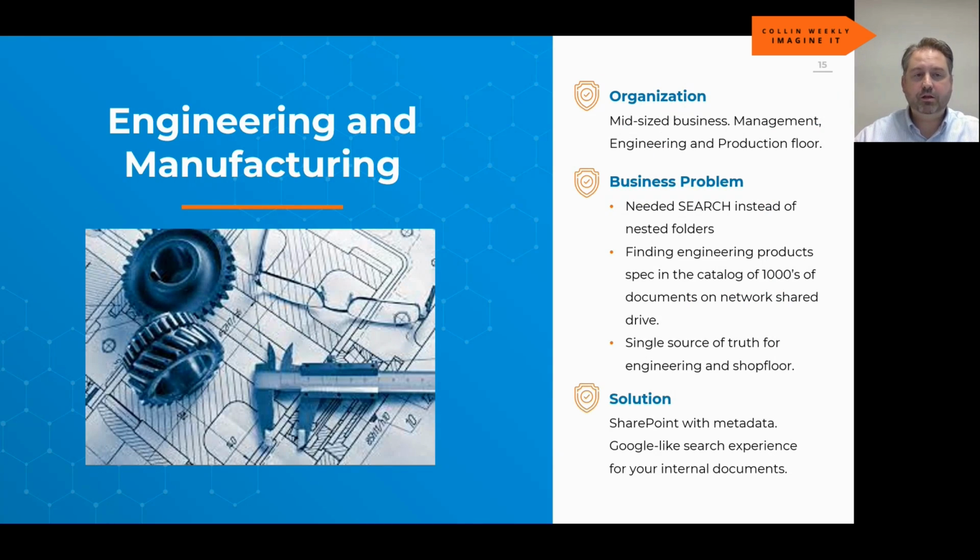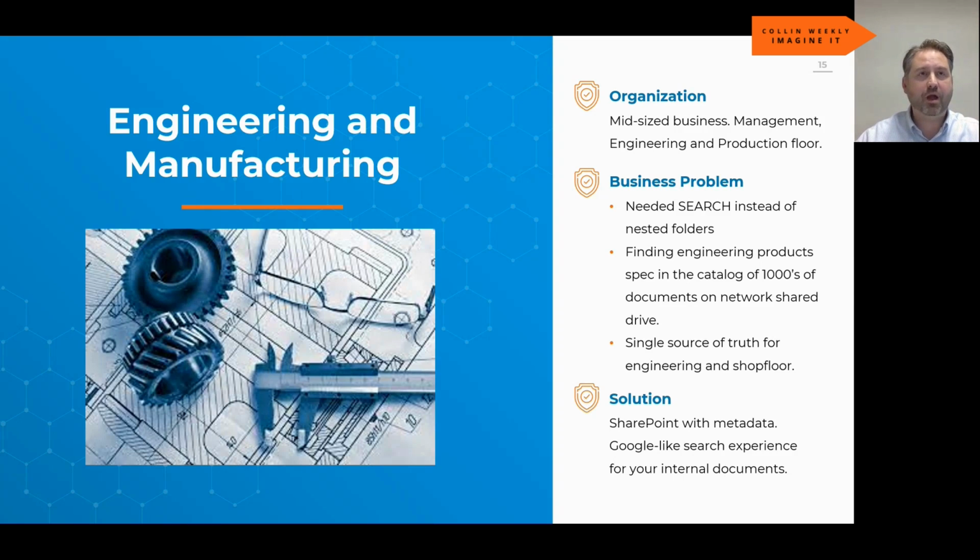So this particular case study is an engineering and manufacturing firm. They manufactured parts, and they did small runs of very specific parts for different industries. It's a mid-sized business. They had a production floor, and they were struggling. Again, you're going to see that word nested folders, which I just used. It's really hard to search in a scenario where you have a bunch of folders within folders.